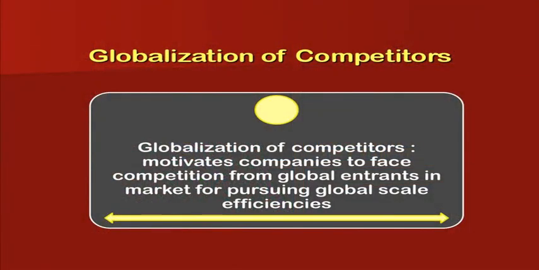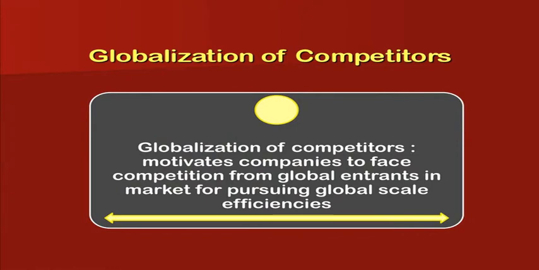So, you can balance the recruitment of people, you can cash in on the cost option, that is you can lower the cost, and you can always expand the business because the opportunity for growth and development is high when you cross the national boundaries. Now, let us study the globalization of competitors.